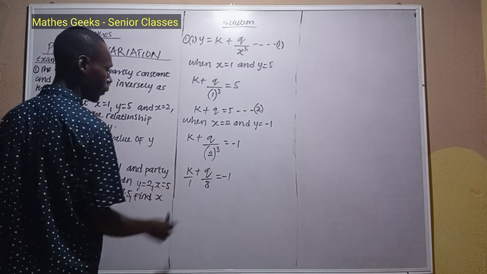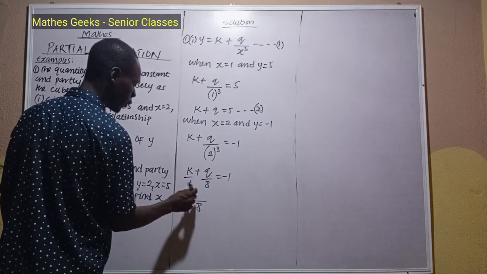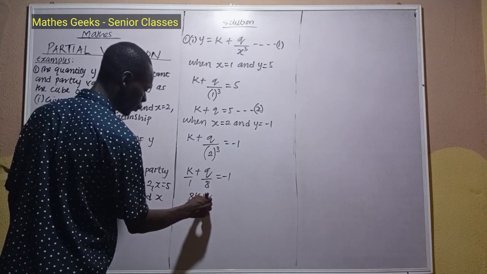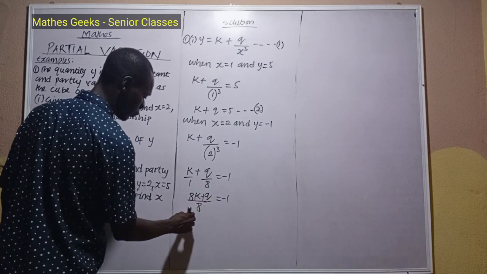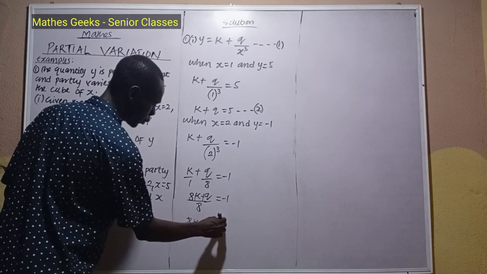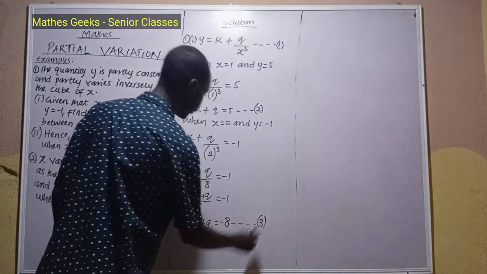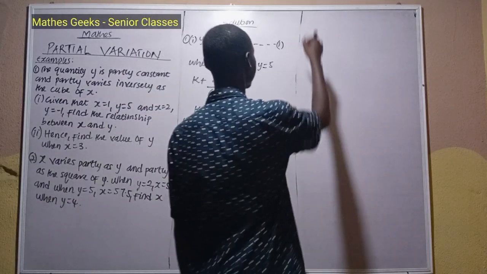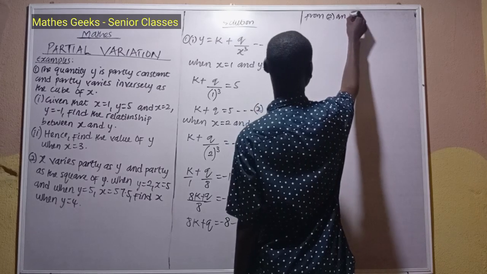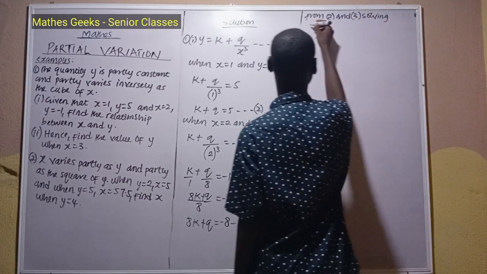Simplify here, this is just LCM: 8 times p, 8p plus q equal to minus 1. So we cross multiply: 8p plus q equals minus 8, equation 3. So from equations 2 and 3, solving simultaneously.